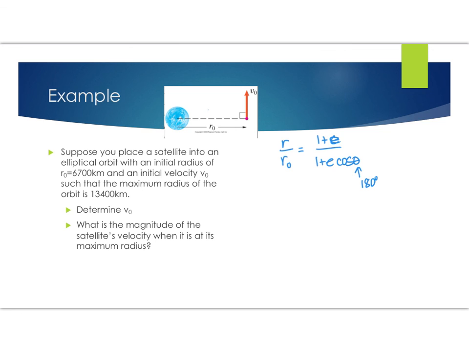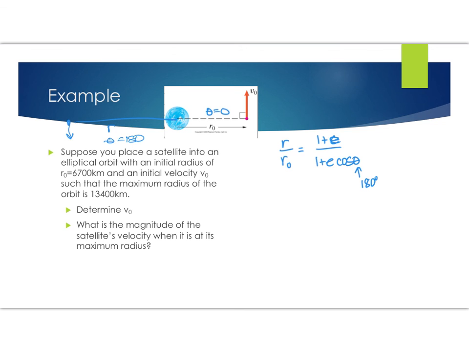So this would represent theta equals 0, the initial conditions. The maximum is going to be over here that we're talking about. This is that other R. And theta over here is 180. And that's why I wrote that I'm going to use 180 here. So we're going to put some of these values in here.